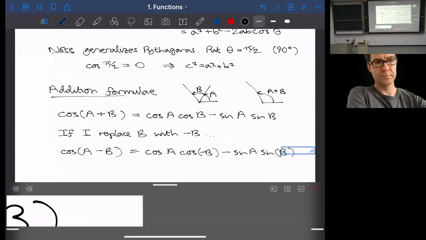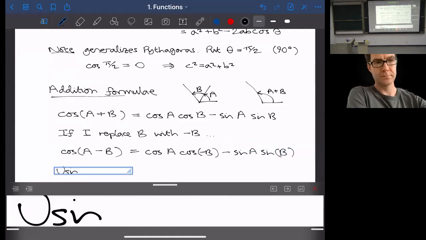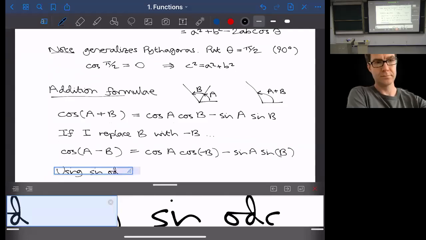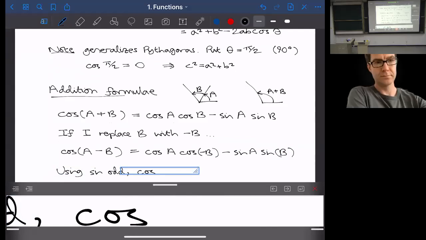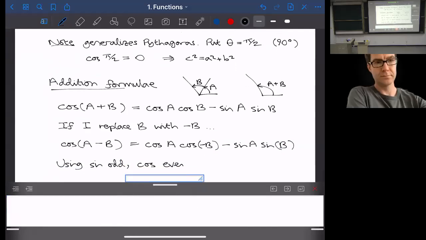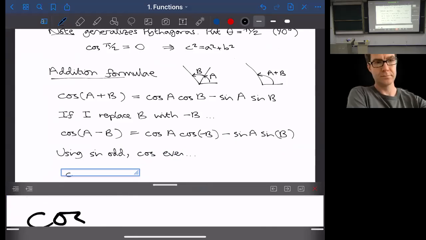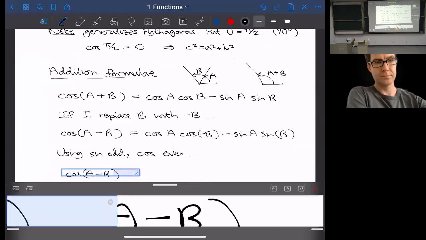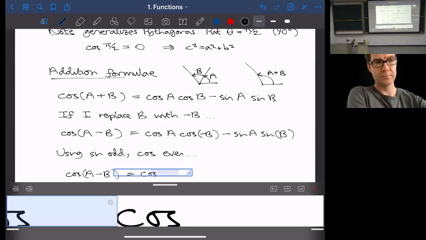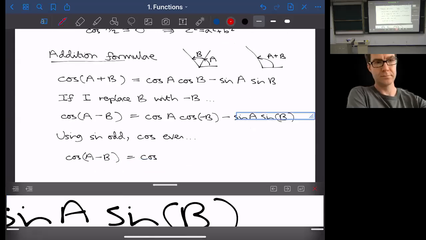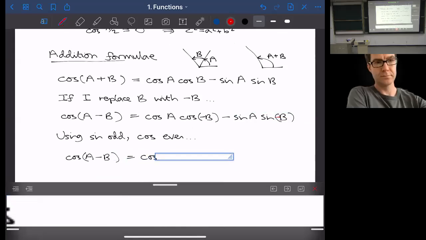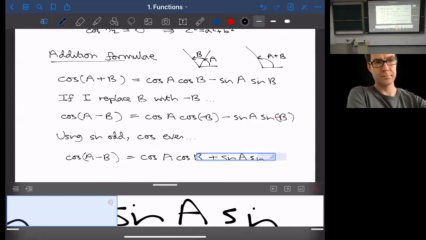And using that sine is odd and cos is even, I get that cos A minus B, oh, there should be a minus here, is cos A cos B. Two minuses become a plus to make sine A sine B.